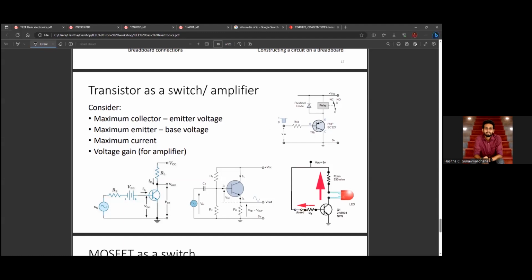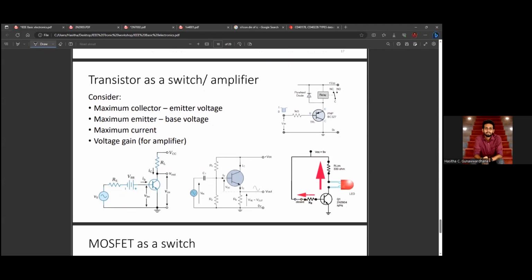So then, as I already told you, we can use a transistor in two modes, switch and amplifier. For using it as an amplifier, there are basically three types of configurations: common emitter, common collector, common base.